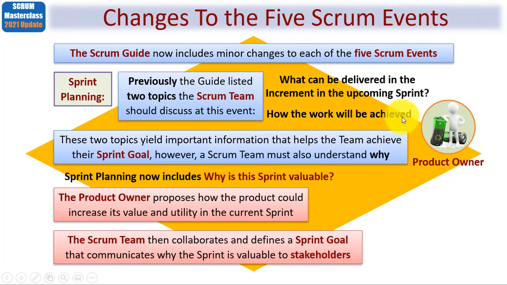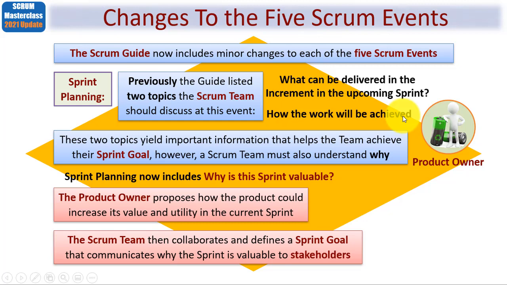And as for how the chosen work will be achieved, here the developers plan the work necessary to create an increment that meets the definition of done. And this is often done by decomposing the product backlog items. Do you remember at the end of Module 3, I gave an example of a product backlog grooming and showing you how many things could happen during the grooming.